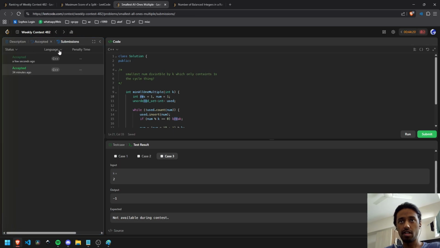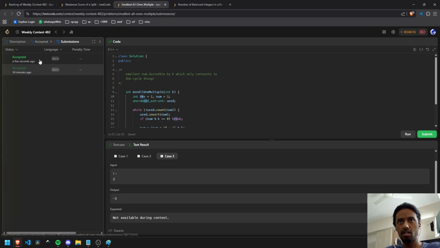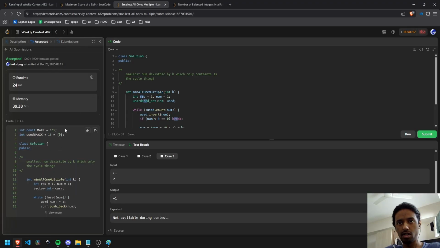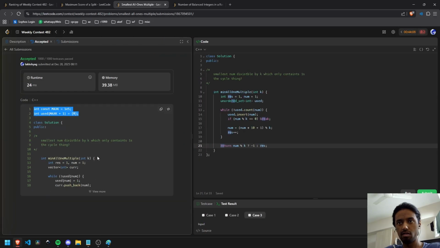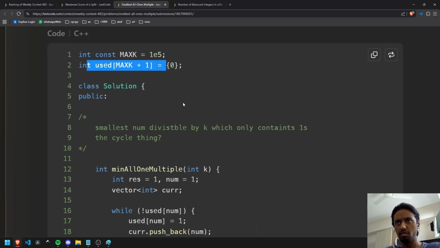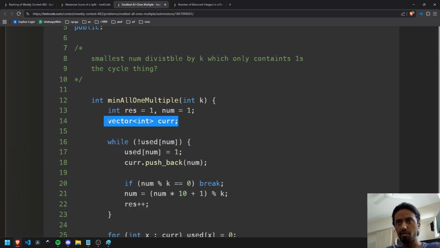It is working, but yeah, the runtime is way slower. This is 24 milliseconds, this is 531. Here what I did was create a global visited or seen array to track the residues which we have visited.